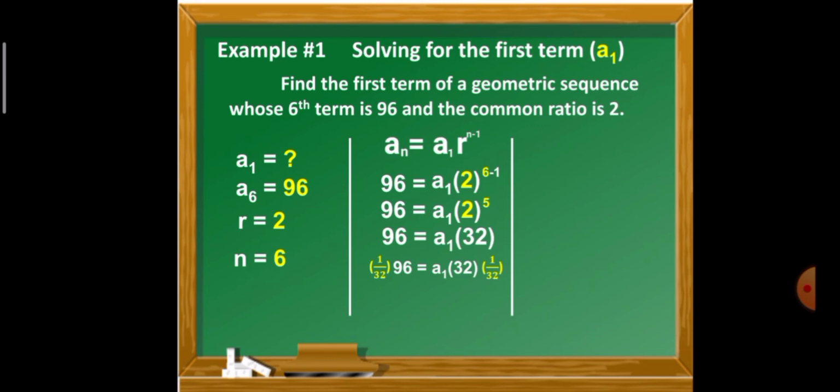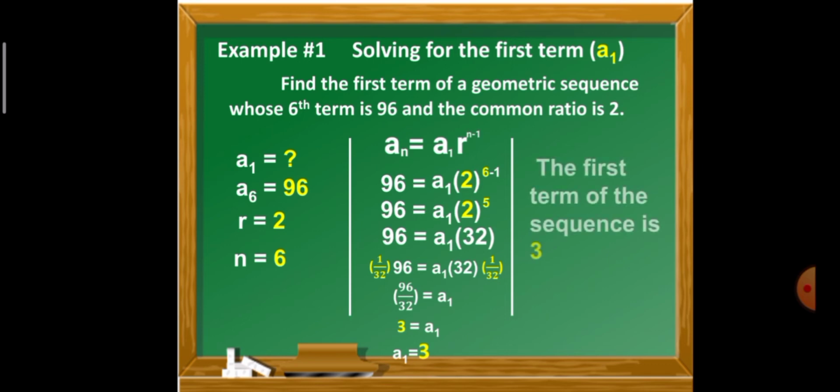And 1 over 32 times 96 is 96 over 32. So, kopyahin natin yung a sub 1. From 96 over 32, simplify natin yan. Magiging 3 equals a sub 1 or yung a sub 1 natin is equal to 3. Therefore, the first term of the sequence is 3.